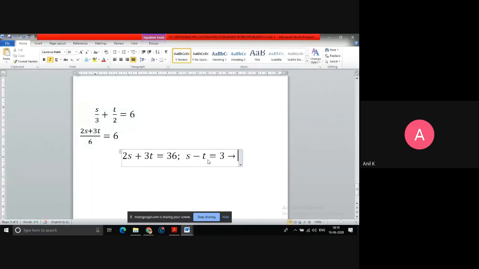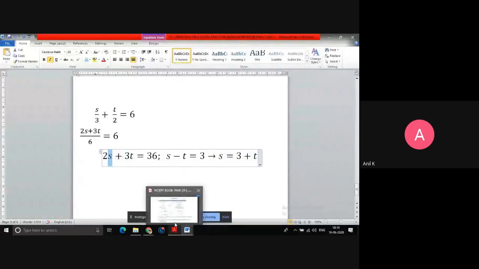What you get is s equals 3 plus t. This minus t you can transpose to the right hand side, and minus t will become plus t. So the s value is 3 plus t. Now substitute this value in place of s in the other equation, then simplify. Okay, so that's how you can solve it.